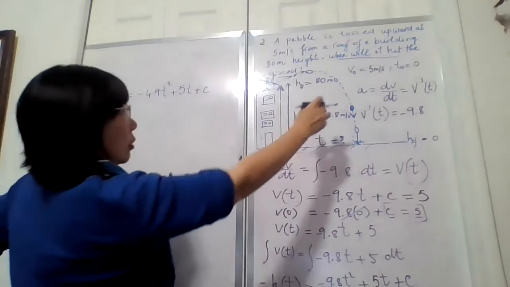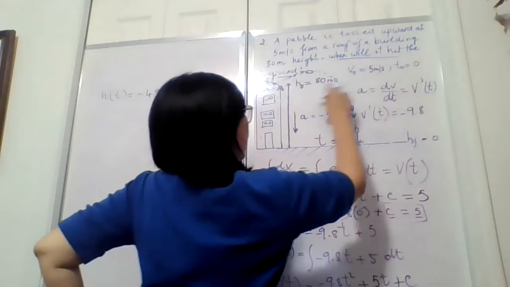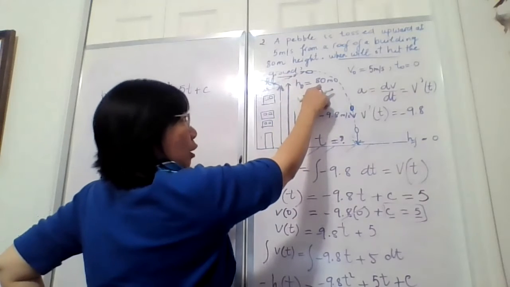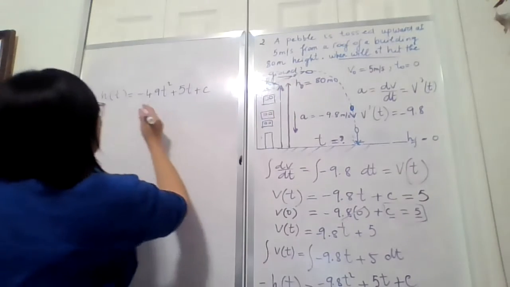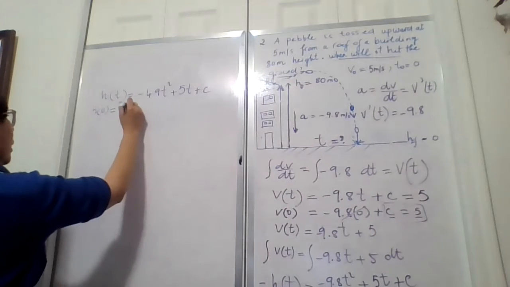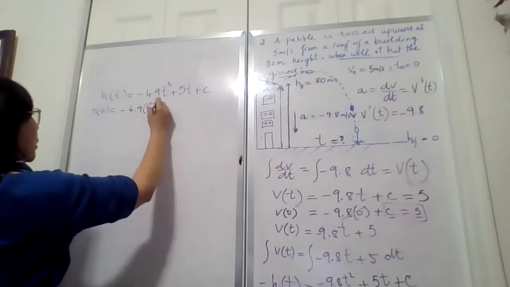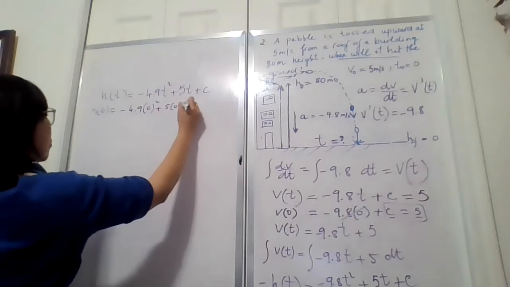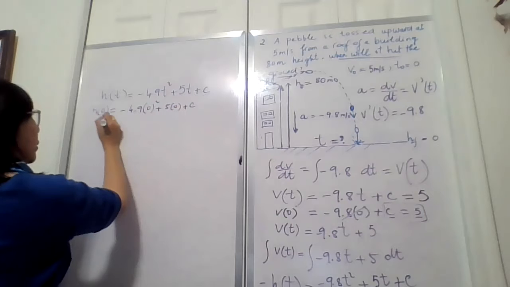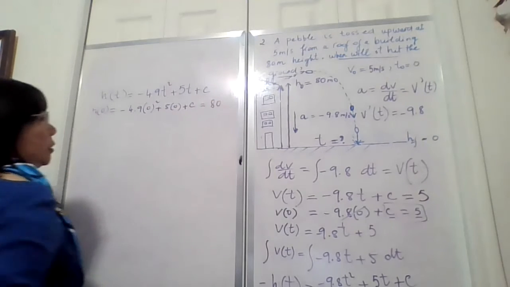Now, at the time t is 0, this pipette has a height of positive 80 meters. So we substitute here: h of 0 equals minus 4.9 times 0 squared, plus 5 times 0, plus c, and this height at time 0 is 80 meters.